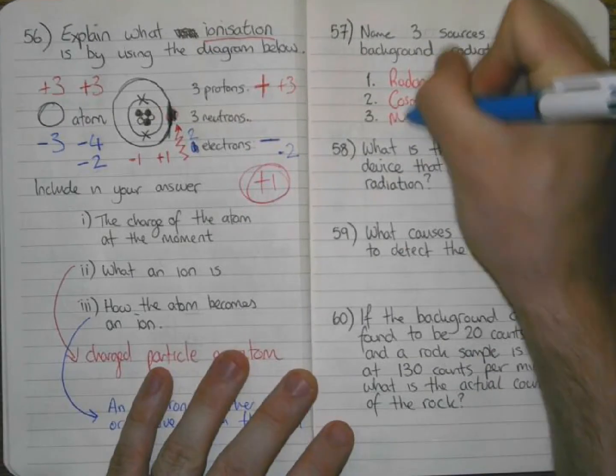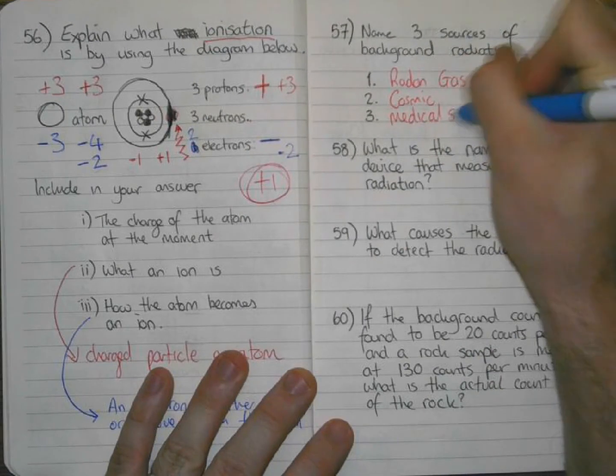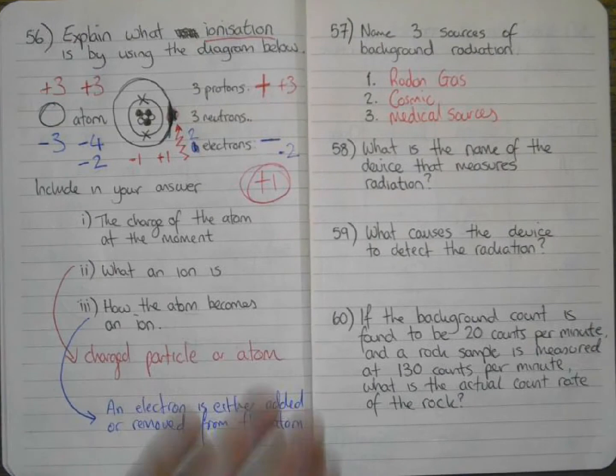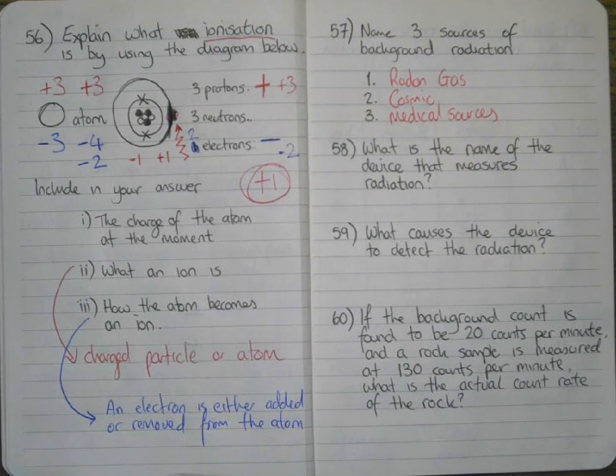Another one is medical sources such as X-rays, you know, that's going on in hospital, but also radioactive waste from chemotherapy, from cancer treatment. So we're producing radioactive waste in hospitals every day, and that ends up, you know, at an extremely low level, but that kind of ends up as part of the background radiation that's always there.